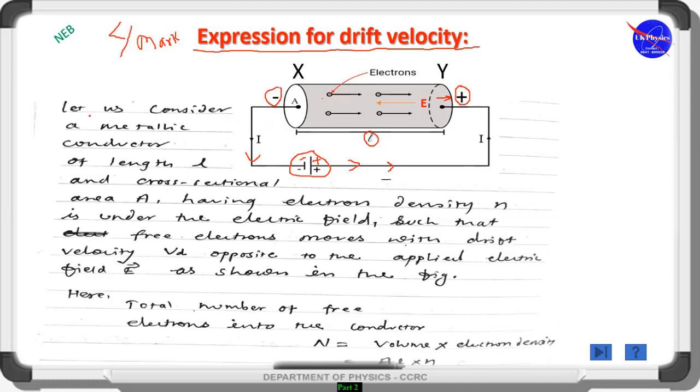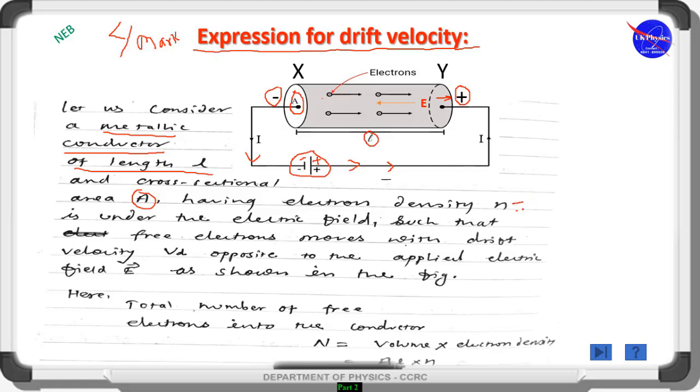Simply we can consider a metallic conductor of length L and cross-sectional area A. This is the cross-sectional area A, having electron density n.